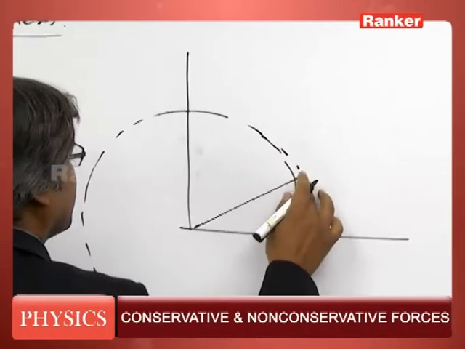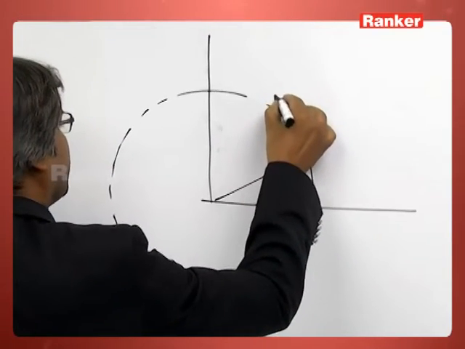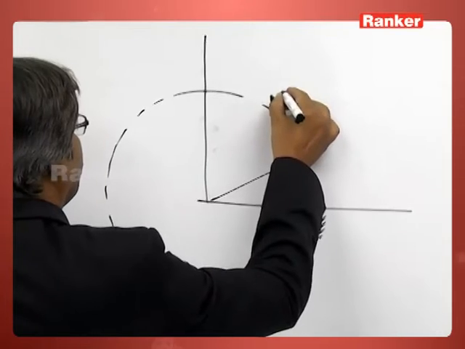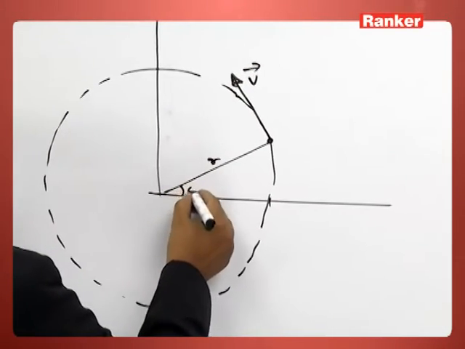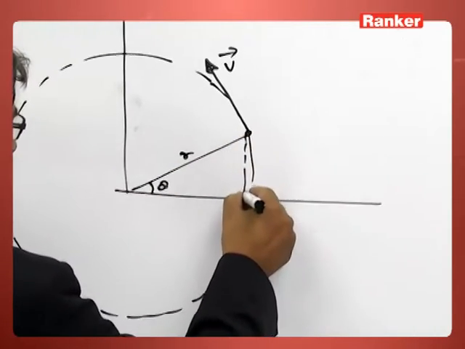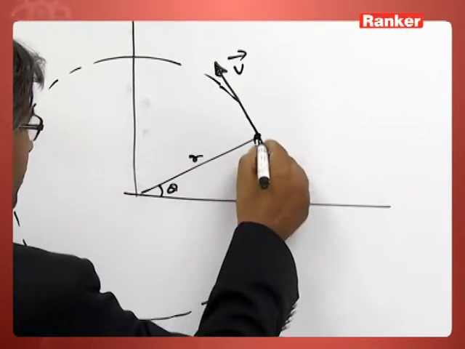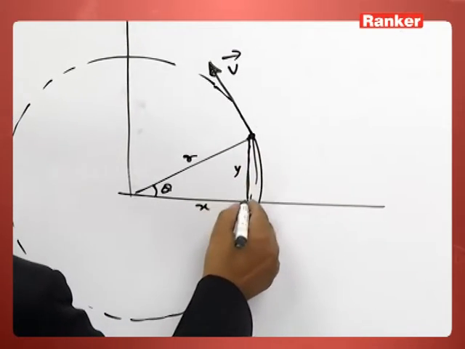At some instant the particle has a linear velocity v in this direction. This is r and this is theta. We drop a perpendicular here. This will be y and this is x.